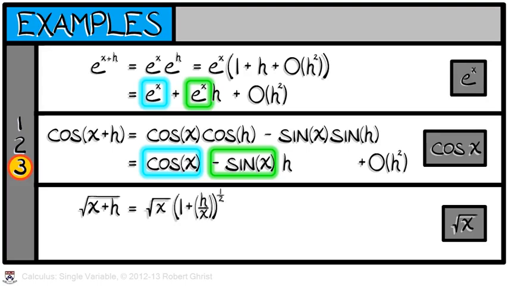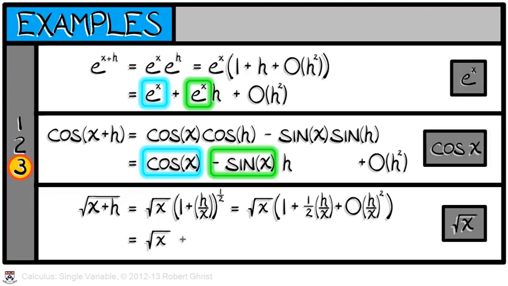How do we do that? Well, if we factor out a square root of x, what is left over is 1 plus h over x, all to the power 1/2, or the square root of it, if you like. I write it in this form so that we see the binomial series come into play, and using that binomial series gives us an expansion of 1 plus 1/2 times h over x plus something in big O of h over x quantity squared.